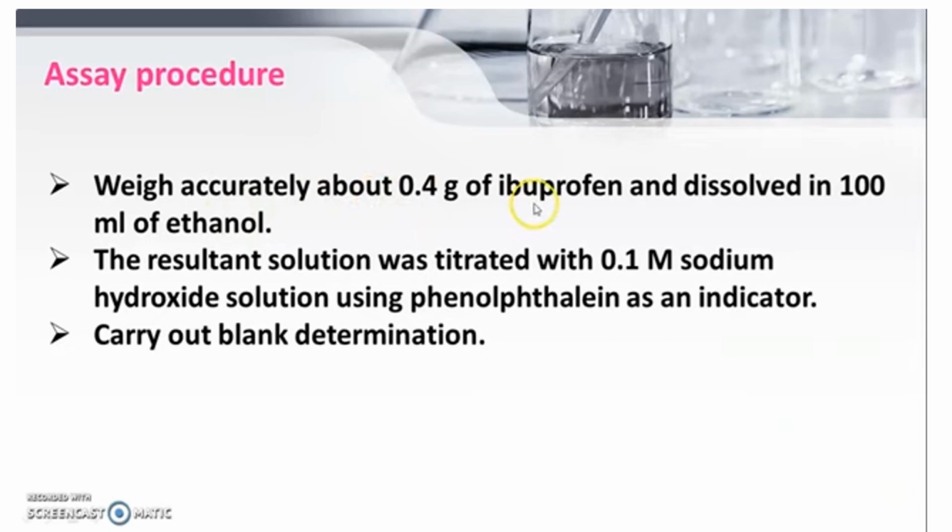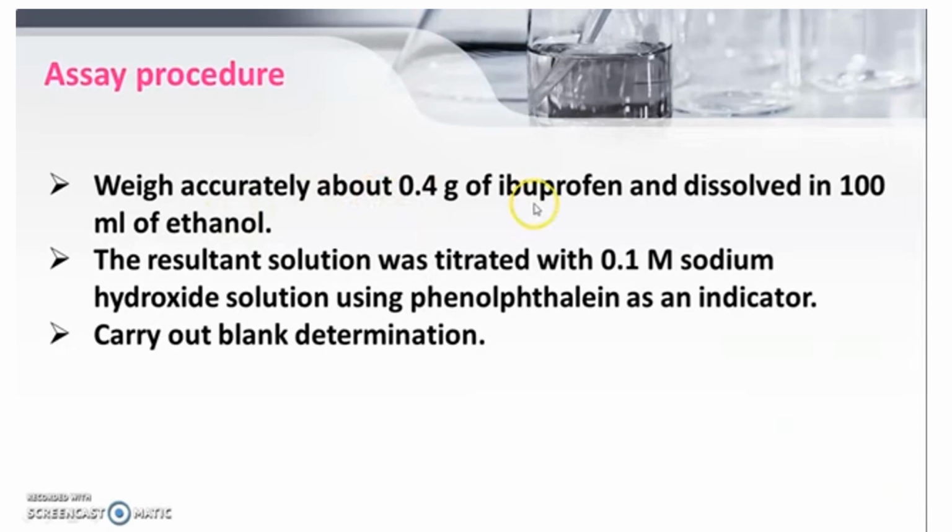The resultant solution is titrated with 0.1 molar sodium hydroxide solution using 2 to 3 drops of phenolphthalein as an indicator. Titrate against the sodium hydroxide previously filled in the burette, and shake continuously and vigorously during titration until the pink color is observed.